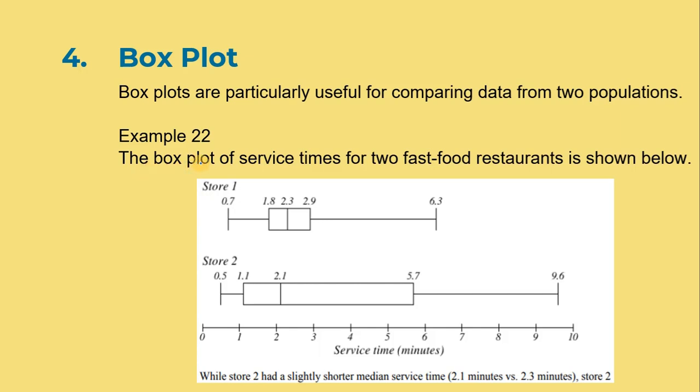For example, a box plot of service times for 2 fast food restaurants is shown below. Store 1 has a mean of 2.3, store 2 has 2.1. But the 2.3 service time is consistent, the values are close together. Here, the mean is 2.1, but there are many times that it takes long. So their service time is not so consistent. So, store 1 is better.